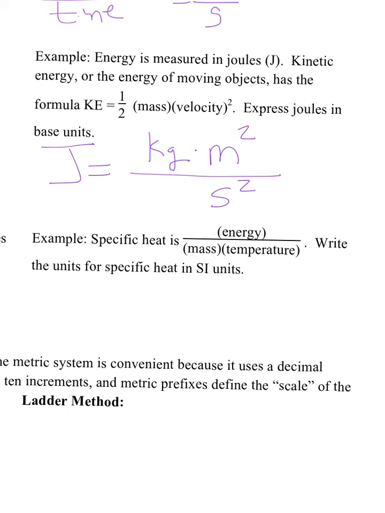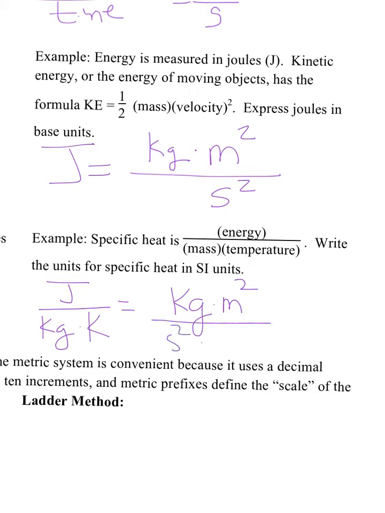Energy is joules, mass is kilograms, and temperature is Kelvin. And we can break that down even further. Because joules is kilogram meter squared per second squared, we have kilograms, seconds squared, and Kelvin. Those are the units for specific heat.